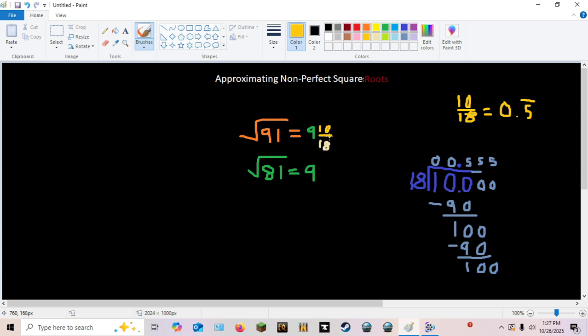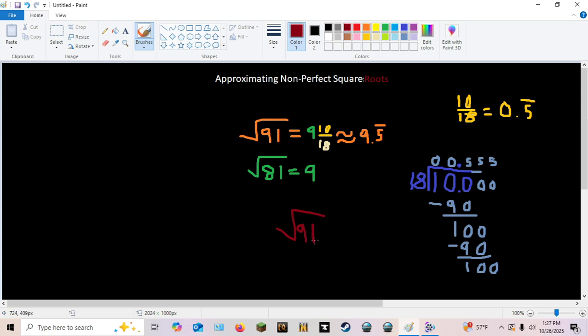So we're going to add 9 to 0.5 repeating. If we add that, it should approximate to 9.5 repeating. If I check it with the calculator, this is actually the actual answer.